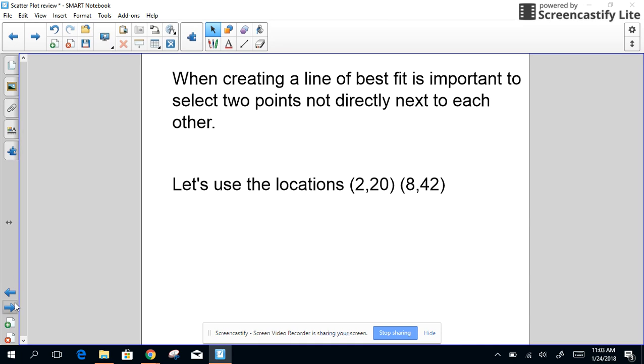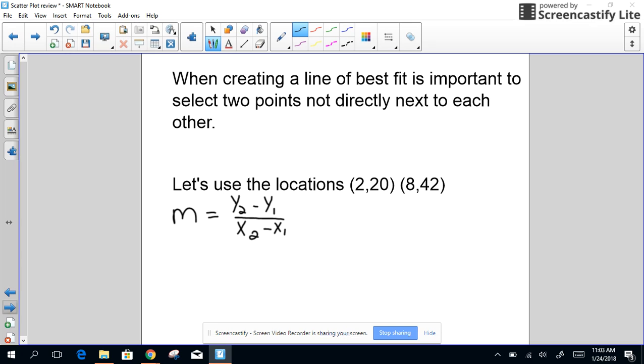So to find slope, we must remember our slope formula. m equals y2 minus y1 all over x2 minus x1. Keeping in mind that our values of x1 and y1 go together and our values of x2, y2 go together. Taking those points and filling in the values, I will start with 42.